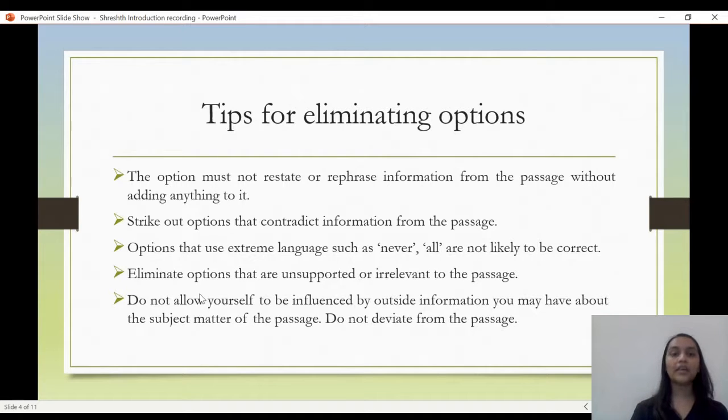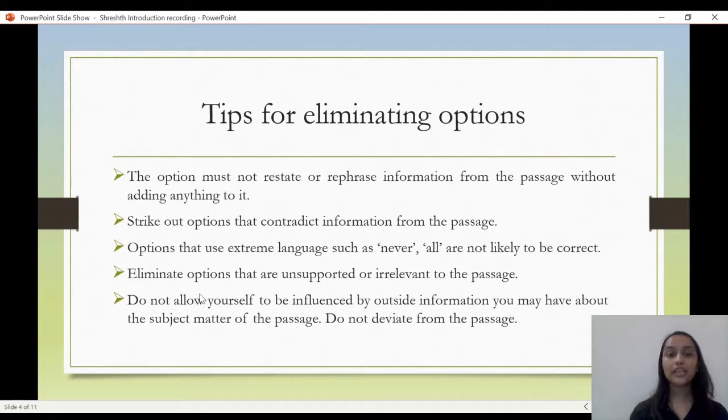An inference would bring in some new information on the basis of what is already there in the passage. Right. The next is to strike out options that contradict information from the passage. So if the option is contradicting what is given in the passage, immediately strike it out.